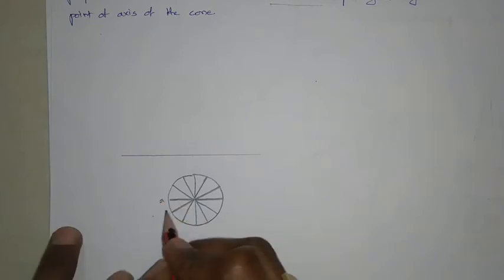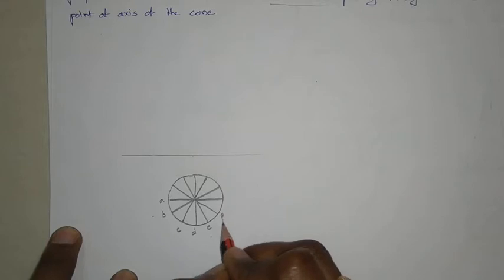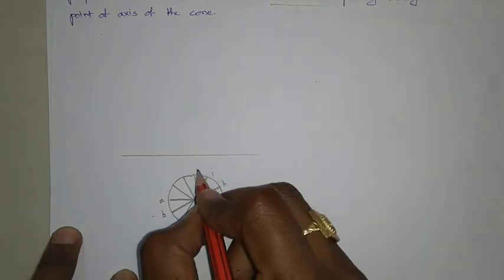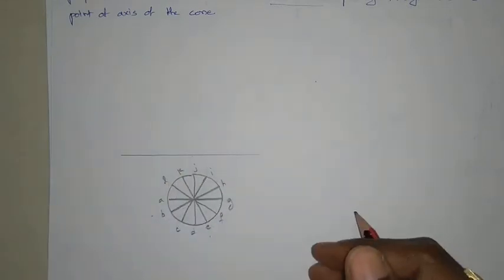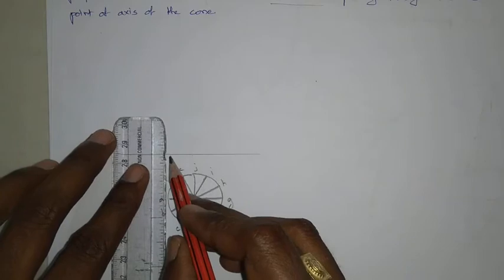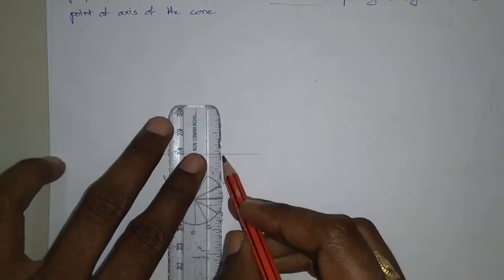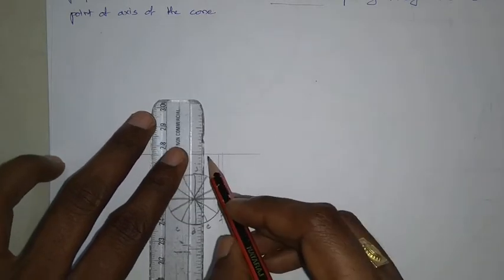Let it be A, B, C, D, E, F, G, H, I, J, K, L. Now you can project this towards front view, and these are all the points you are going to get.